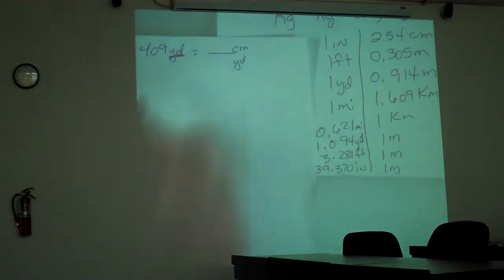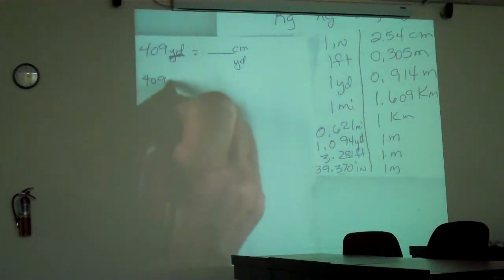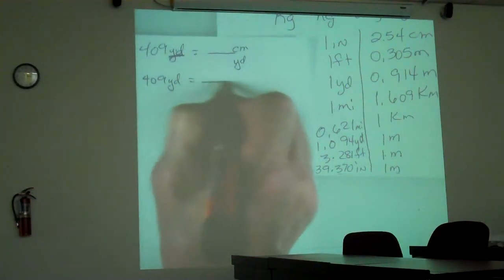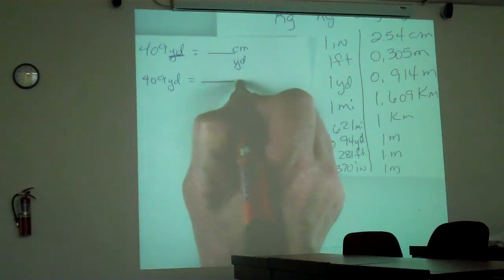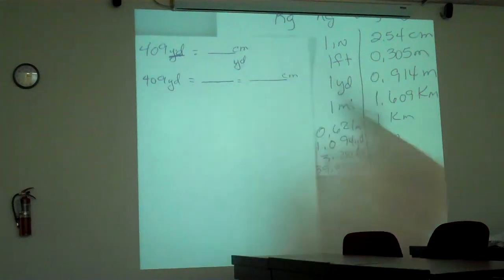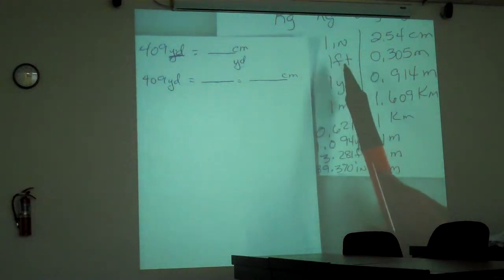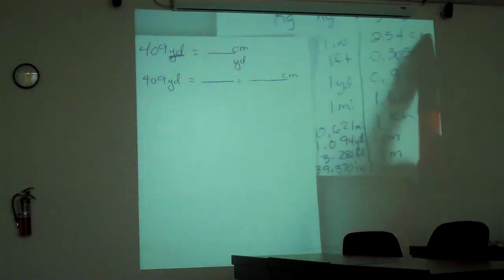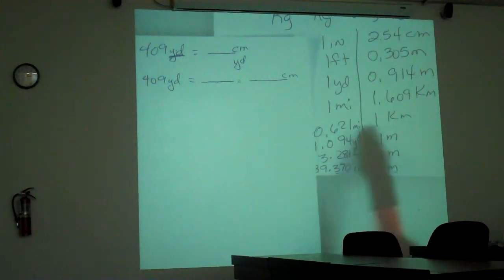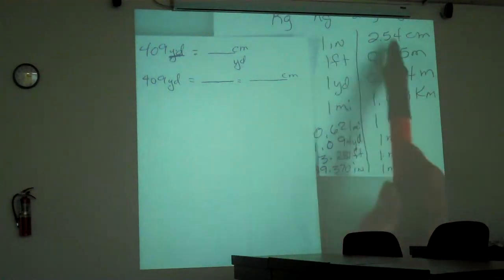Yep. Okay. 409 yards. What can we go to? And then from that, we can go to centimeters. From yards we can go, let me see, centimeters, we have inches. We really need to get to inches, don't we?